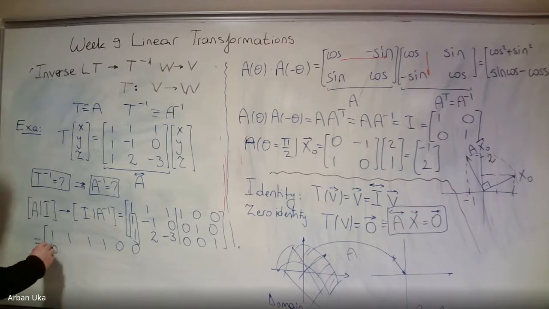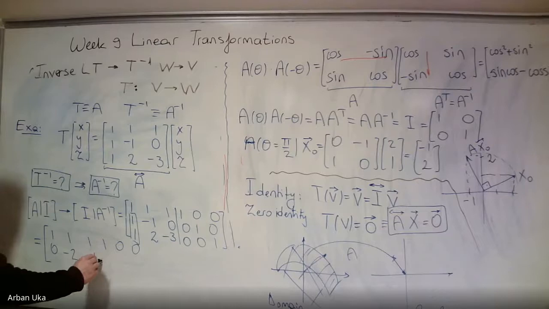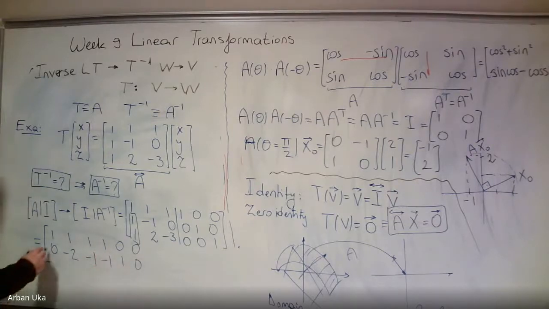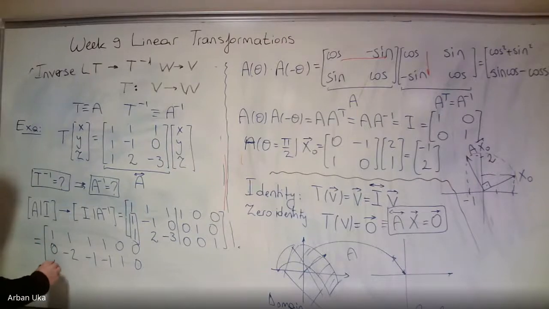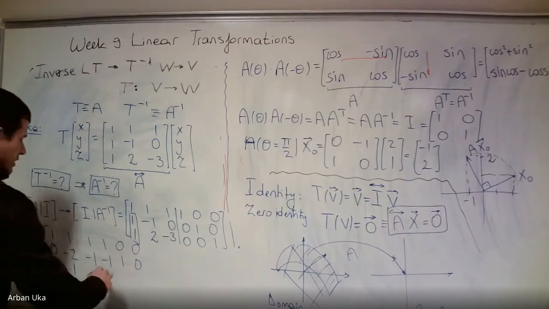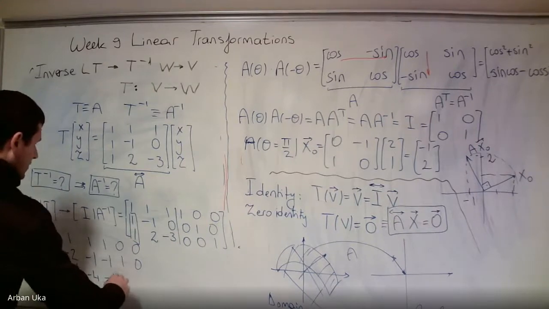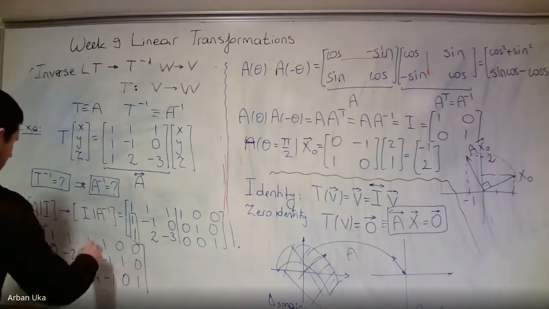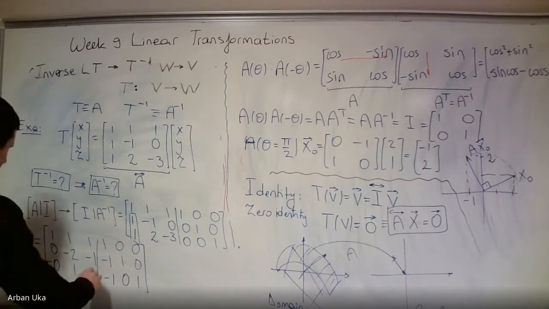Then here we get 0, minus 2, minus 1, minus 1, 1, 0. Then the third row is 0, 1, minus 4, 0, minus 1, 0, 1. So this is the first step.